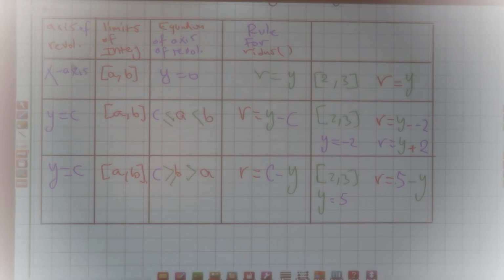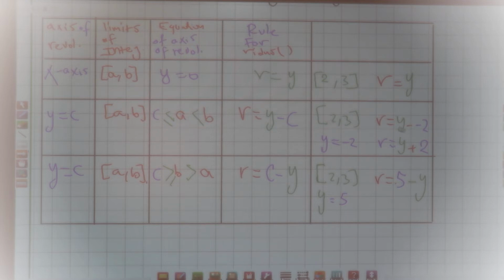Axis of revolution, x-axis, limits of integration a and b, the equation of the axis of revolution will be y equals 0, then r equals y. If y equals c, with a and b the limits of integration, the same as in the previous class, and the value of c is less than a, less than b, then my radius will be y minus c.